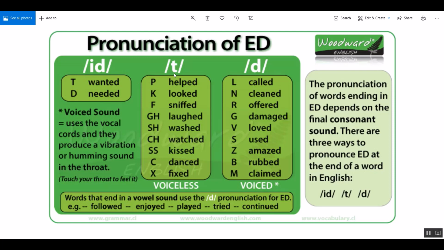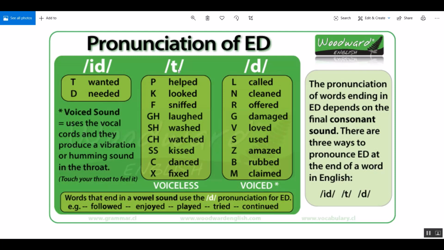The second category is a T sound. So help, look, sniff. If the verb in the present ends in any of these letters, P, K, F, G, H, S, H, C, H, S, S, C, or X, okay, then you're going to say the ED as a T sound.